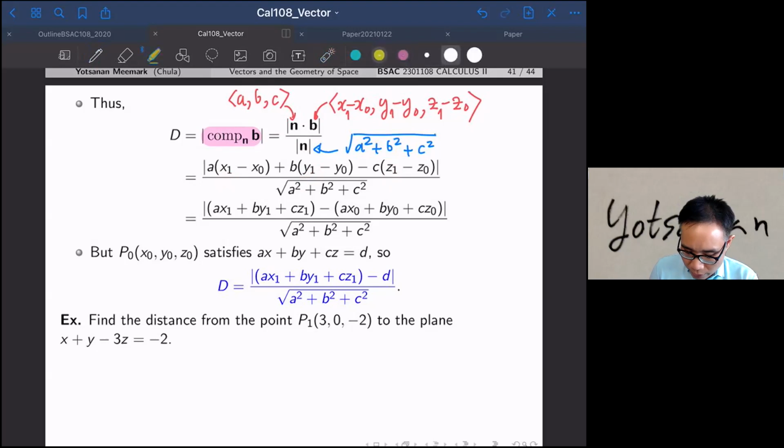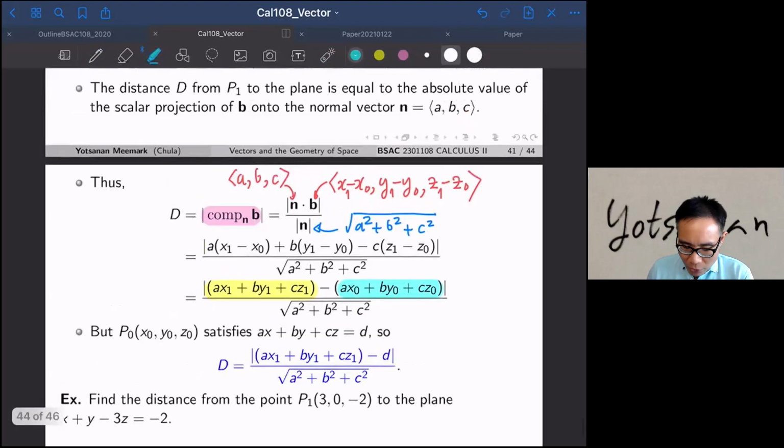So you're gathering them: that is x1, y1, and z1 multiplied by a, b, and c. And you're gathering the terms with x0, y0, and z0, so it's going to be ax0, by0, and cz0.